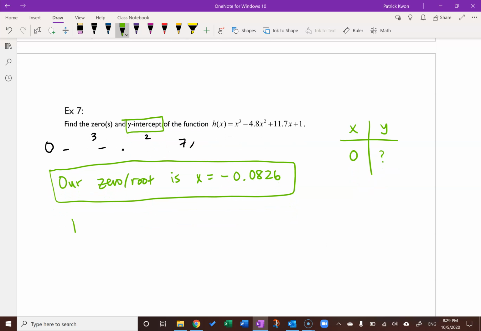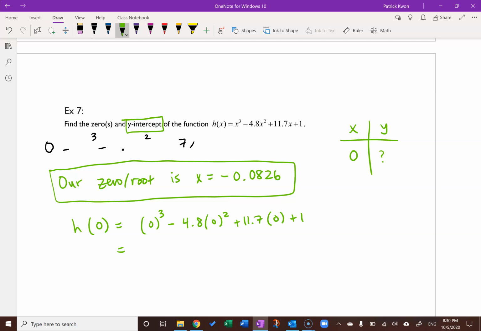Let's see why. So if I plugged in 0 into our function, then we're going to get 0 cubed minus 4.8 times 0 squared plus 11.7 times 0 plus 1. And the reason that this is so much easier is because 0 has this really nice property that when you multiply a number times 0, it's just 0.